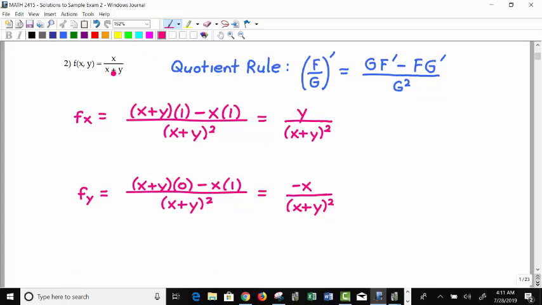So the bottom, the g, is x plus y. The derivative of the top with respect to x is 1, minus x, times the derivative of the bottom with respect to x, which would be 1 because it's just the x. And of course, all over the bottom squared. And you'll get a couple of x's that cancel in the numerator, so it simplifies to y over (x plus y) squared.